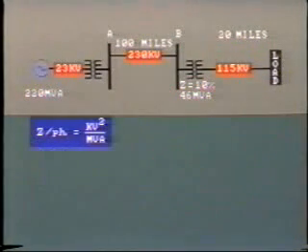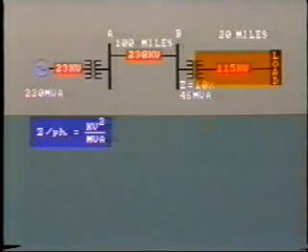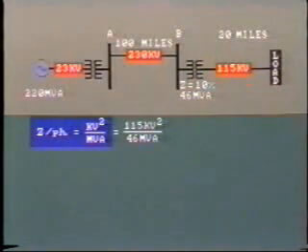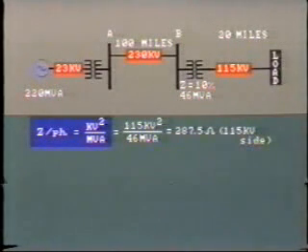Using this expression, we can calculate the impedance of the load, including line impedance, being fed by the 46 MVA transformer. The ohmic impedance of the circuit under rated load equals 115 kV squared divided by 46 MVA, equals 287.5 ohms.